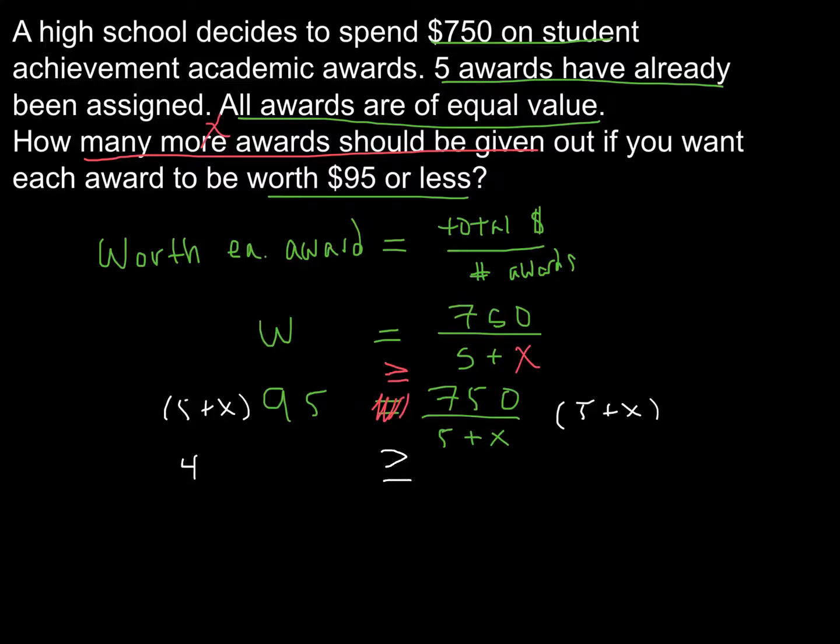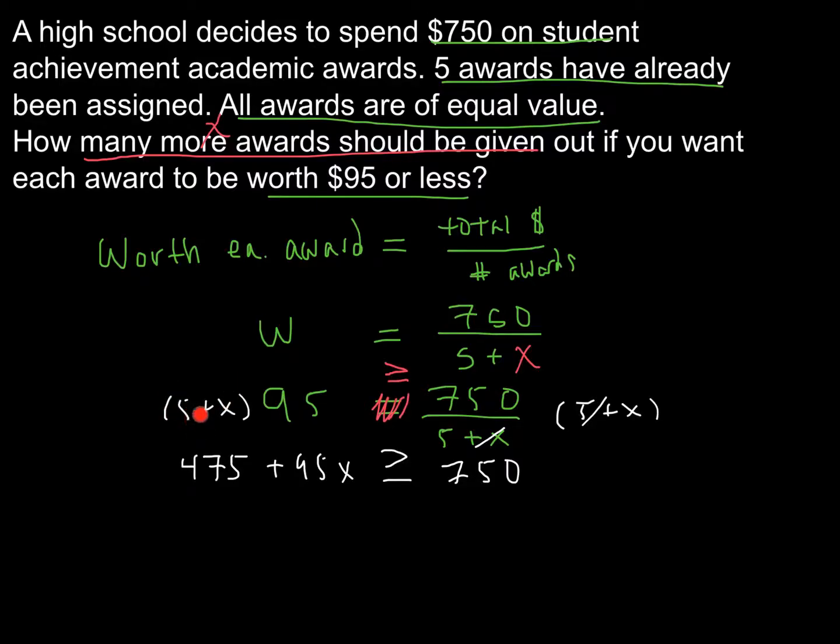Now I have 475 plus 95x, and on the right side 5 plus x over 5 plus x is 1, so I'm all good to go there, and I just have 750. Okay? And if I think about this, this makes sense, right?